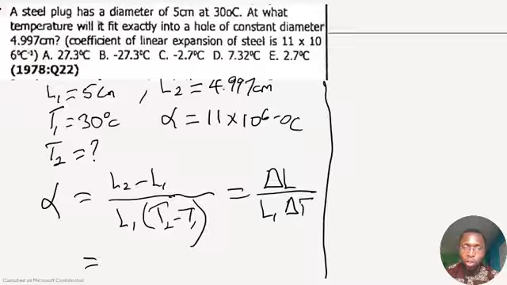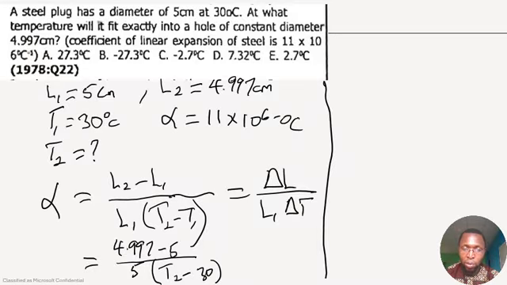Our L2 is given to be 4.997 minus L1 is 5, over L1 which is still 5, then we have open bracket, our T2 is unknown, so that's T2 minus our T1 which is 30. Okay, that's it. So moving forward, let's now calculate it.